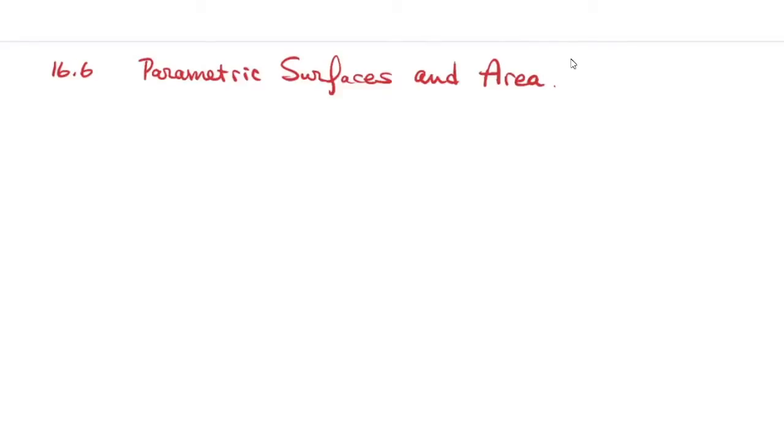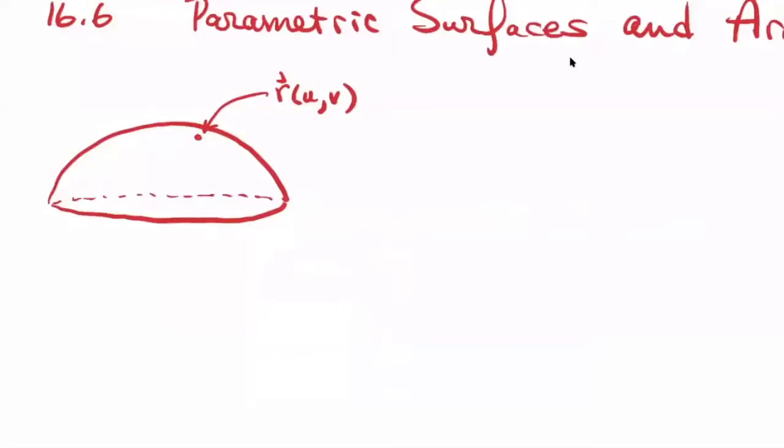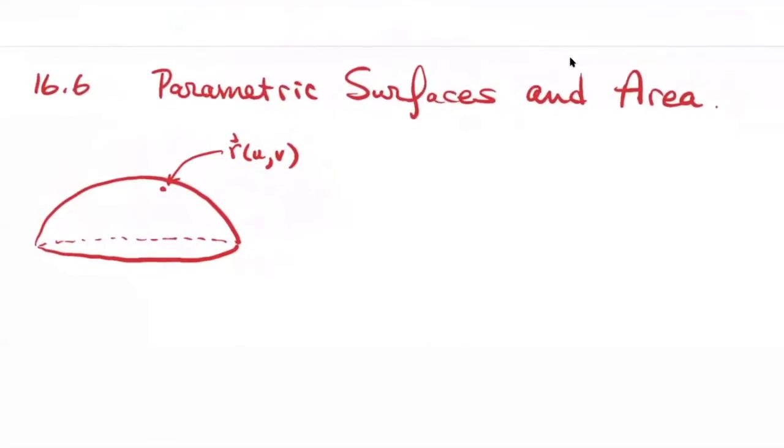This is going to be r of u, v. The vector r is always a position vector in this class, as I think you probably figured out by now. My screen is frozen, so let's see if I can keep that in view. There we go. So there's my surface. R of u, v is my position vector.